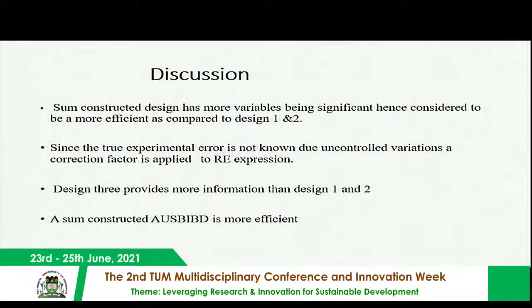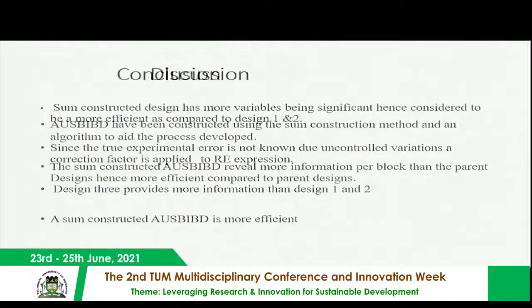Design 3 provides more information than design 1 and 2. If a design provides more information per block, it implies it is efficient. So we can say a sum-constructed, automorphic, symmetric, balanced, incomplete block design is more efficient compared to the parent designs that were used to develop it.